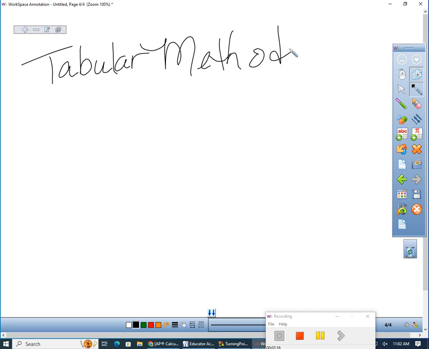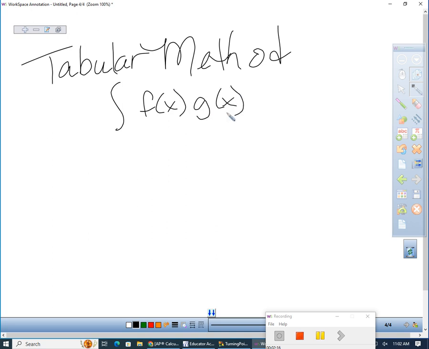In the tabular method, if I have the integral of f of x times g of x, so two different functions, we're going to take one function, the function that will eventually derive all the way down to 0, goes here, f of x, and we're going to do the derivatives on this side.